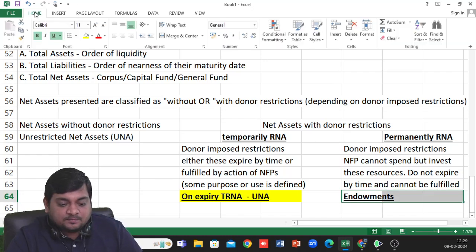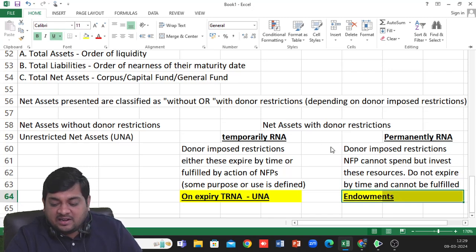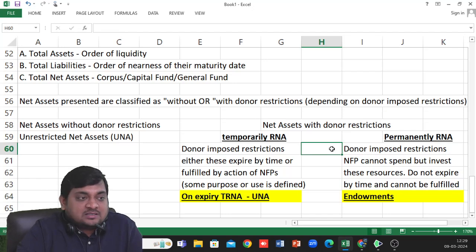Now whatever income we have generated, like interest on these investments, that you can use.